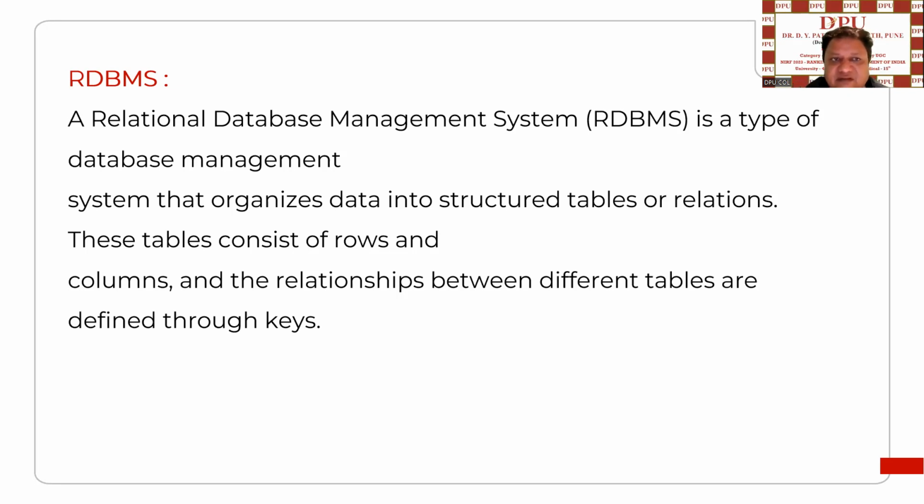As we have learned in normalization, or if you are aware of normalization, what we do is divide the entire database into tables. We decompose the database into several tables. For example, a school management system stores data in different tables.